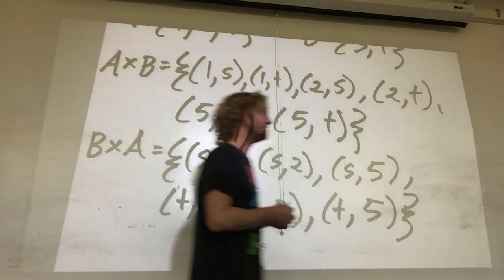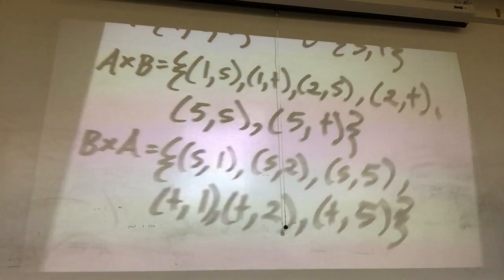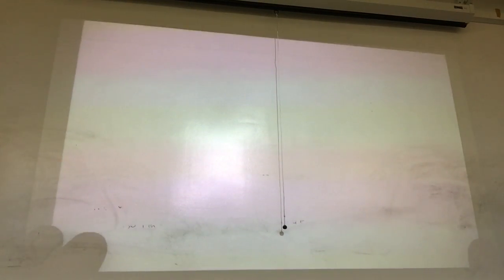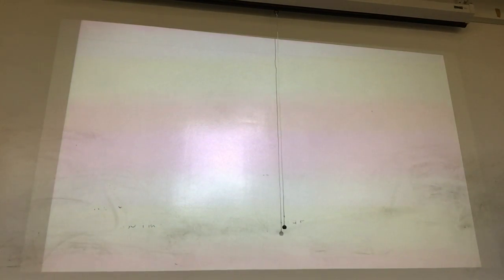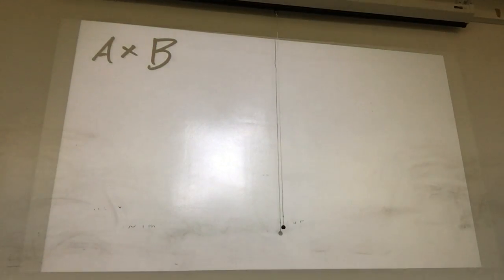So if we draw this instead of this way, we're going to spend a lot of time drawing these relationships in different ways. So if I say, all right, I want to draw a picture of what A cross B is, okay?